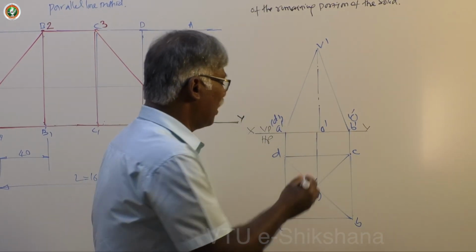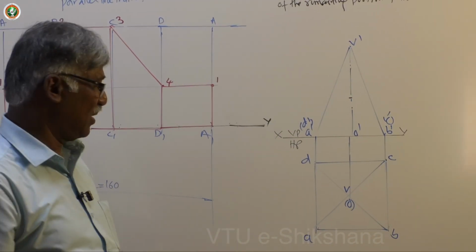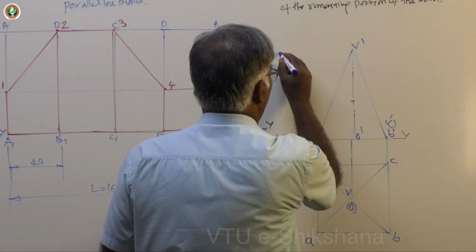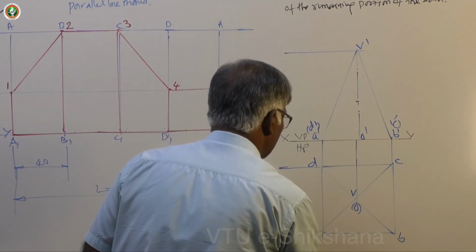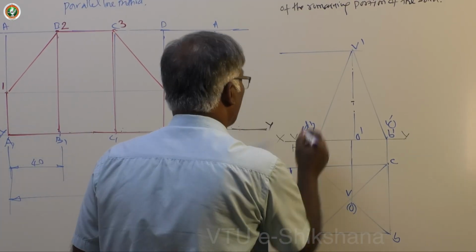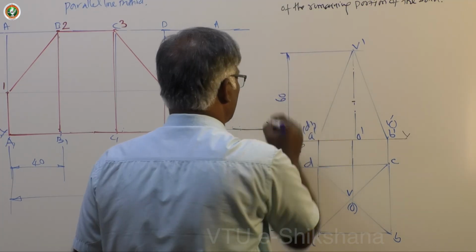So now let me mark a point. You know how to draw the top and front views in this position. That is, again, the dimensioning and all you have to do as usual. Yes.